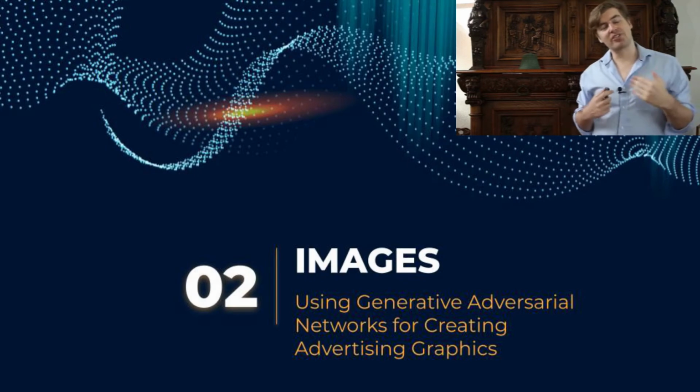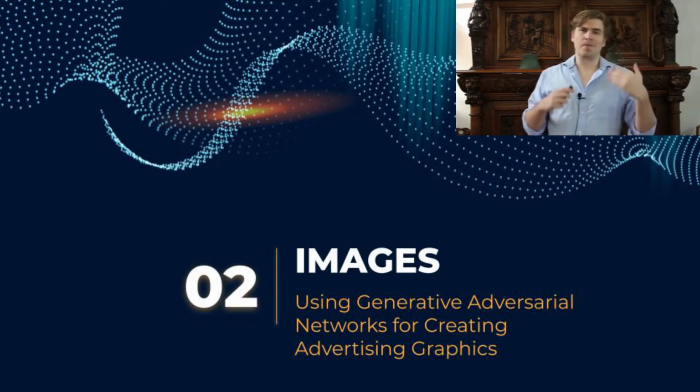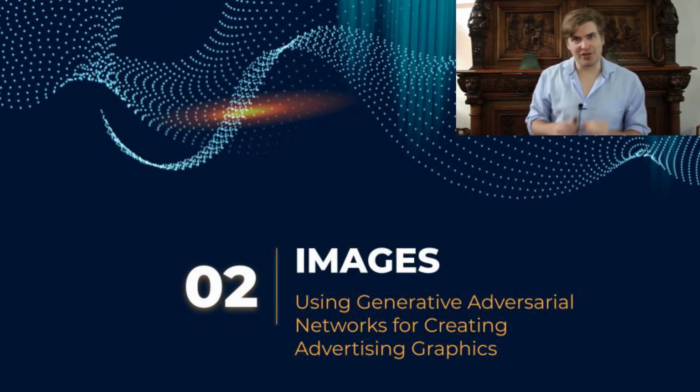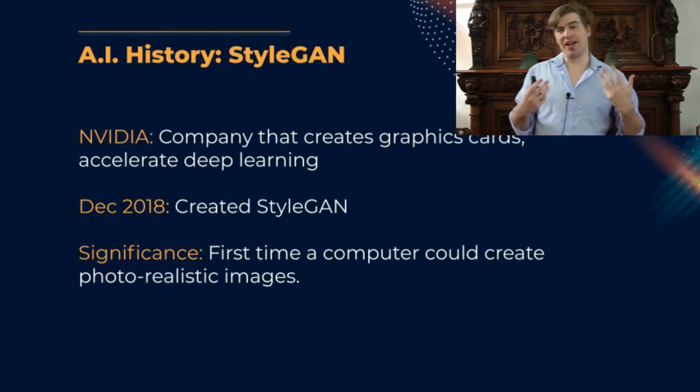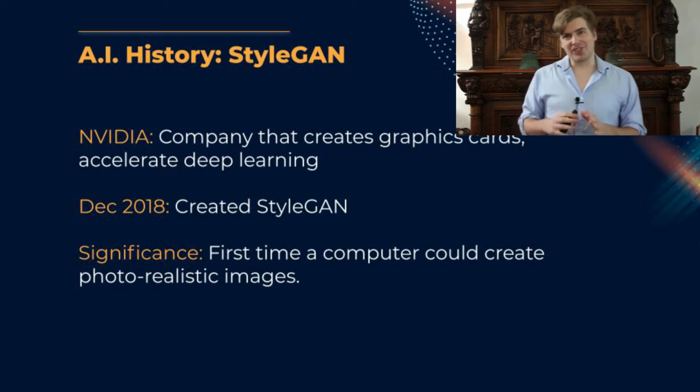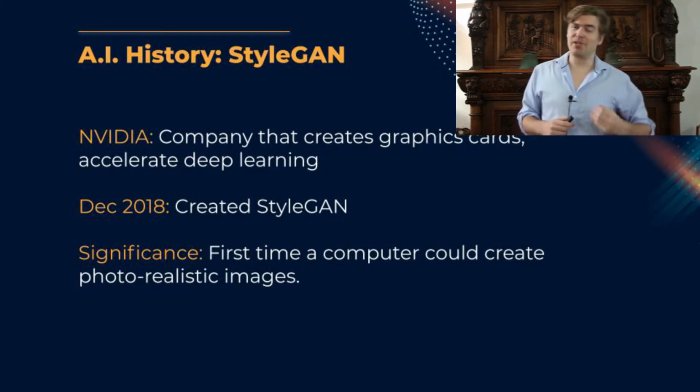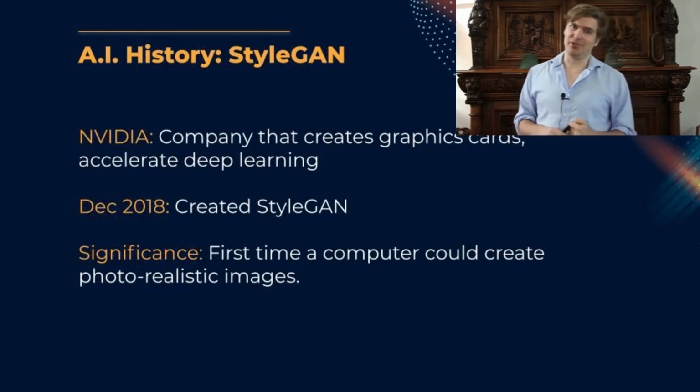Okay, so now we're going to talk about images, or using generative adversarial networks for creating advertising graphics. So we're going to talk about some AI history again. So there's a company called NVIDIA, and they create graphics cards. Graphics cards were originally for gaming, but they just so happen to be really, really good with deep learning programs.